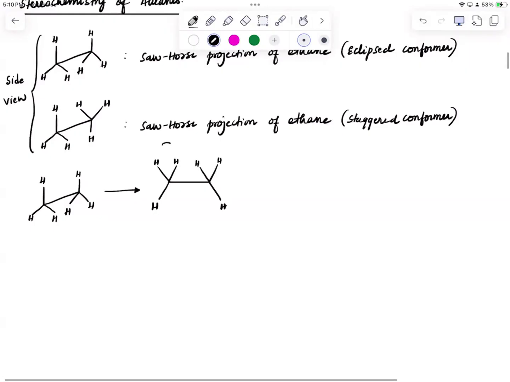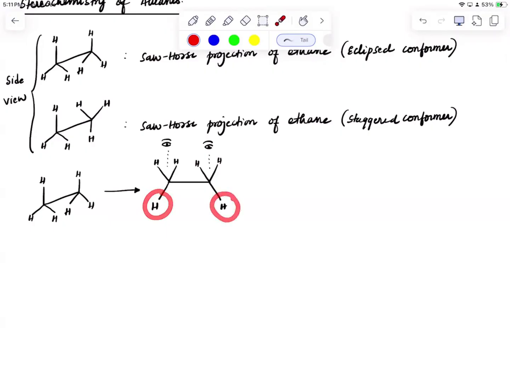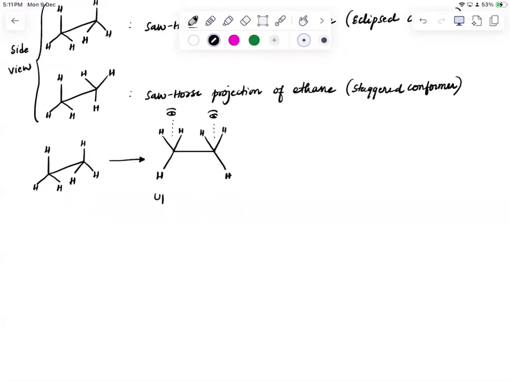And then I need to watch it from the top. If I watch it from the top, then it appears that one of these hydrogens could be pointing towards my face, and one could be pointing towards my foot. So if this is the upward one, this could be the bottom hydrogen.